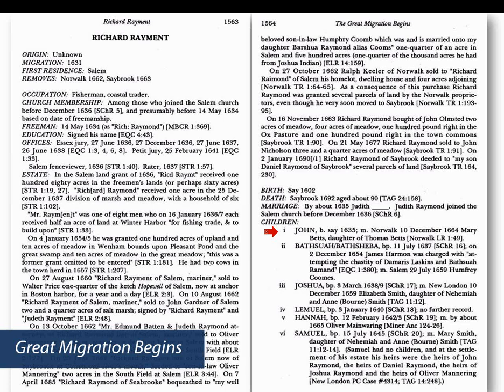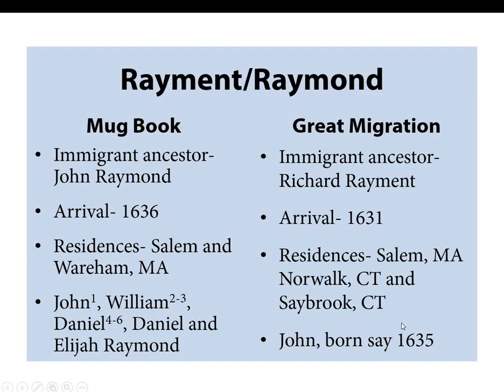And the mug book is claiming that John is coming in 1636, and the quote again to remind you is, "He was the first to avail himself of the privileges of religious freedom in America, who came hither in 1636." So if we're using a very generous definition of the word hither, then maybe this is somewhat accurate. But for the most part, if we compare what's in Great Migration to the mug book, you'll see that there are some drastic differences.